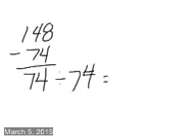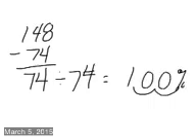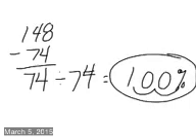What's 74 divided by 74? It's 1, but then we need to move the decimal place 2 spots over, so we end up with 100%. Whatever that item was, it was marked up 100%. A lot of people get this one wrong because they just put 1. You still need to move the decimal place over, so it should have been 100%.